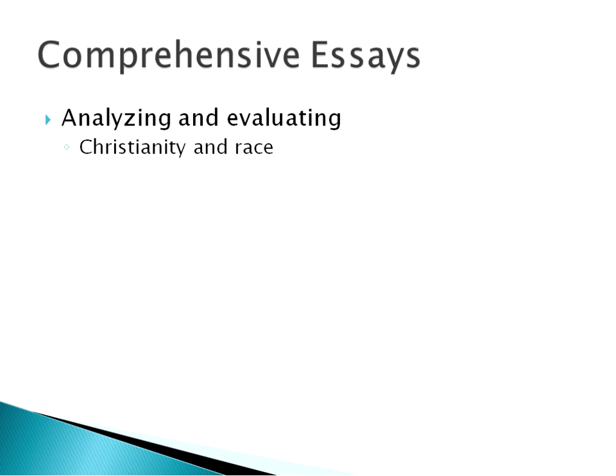So, the example I'm going to use here is Christianity and race. Here too, you can pick this one, you can choose something else. And remember, you're only going to be writing one essay. And so, take that into consideration about how you prepare for this section.